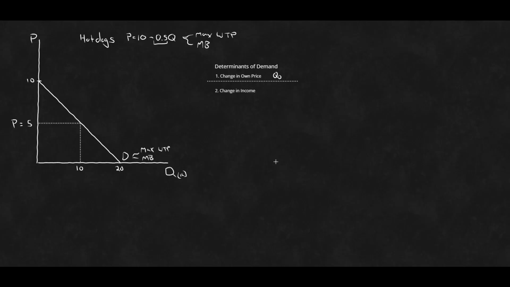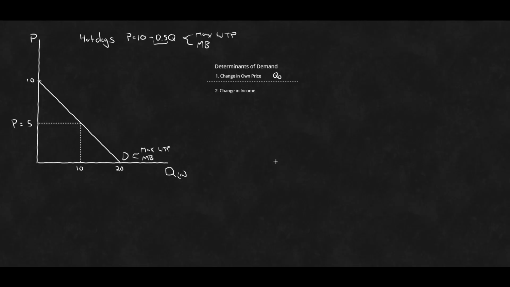Right? So the idea here is how does the change in your income ultimately affect your demand for a good or service? And hey, we've already kind of taken a look at this by taking a look at the income effect when we were looking at our budget constraints.